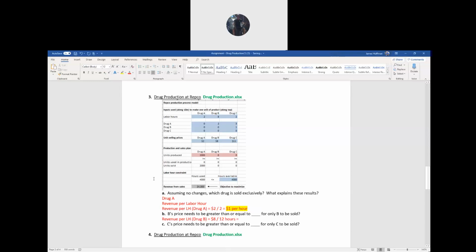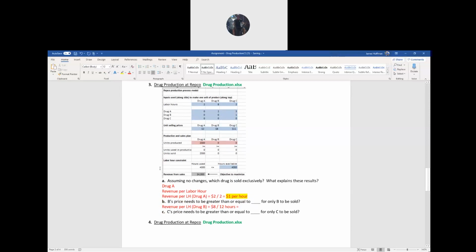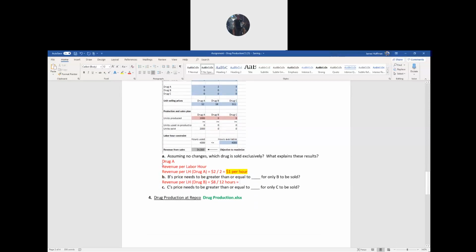All right, 8 divided by 12 is not $1 per hour. It's less than that. What's 8 divided by 12? 2/3, which is about 66 cents.